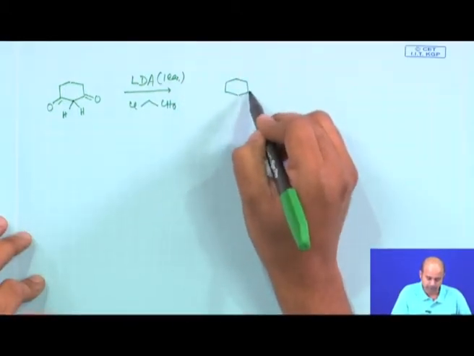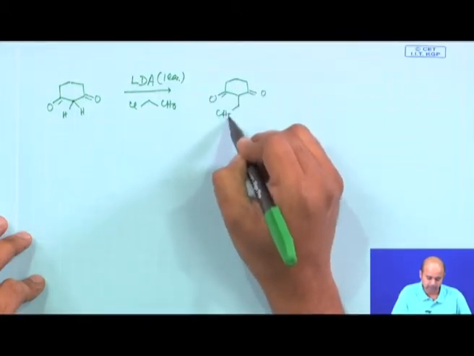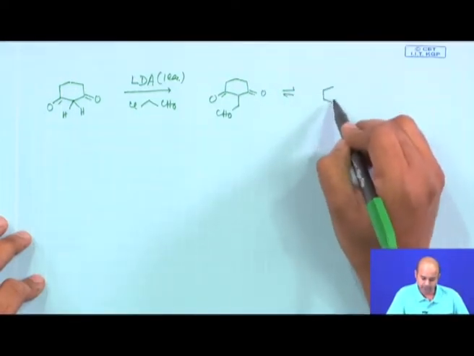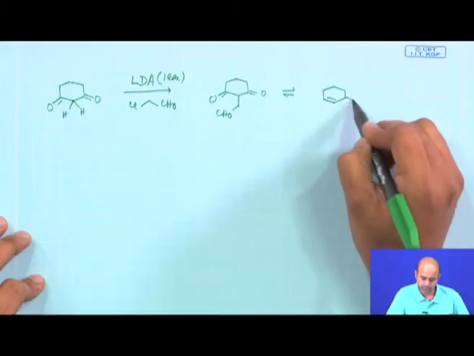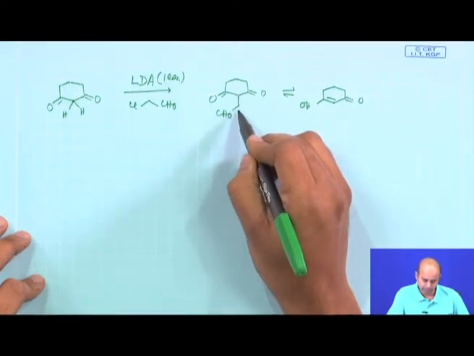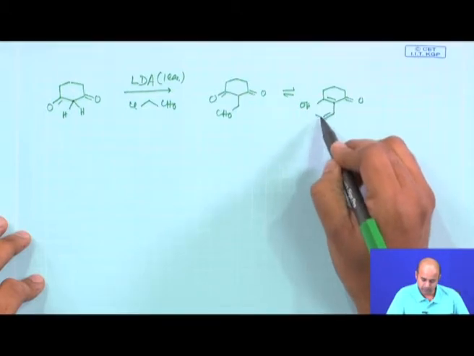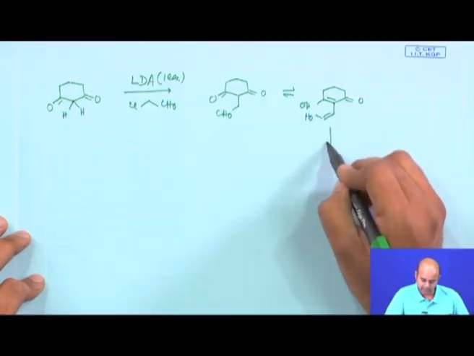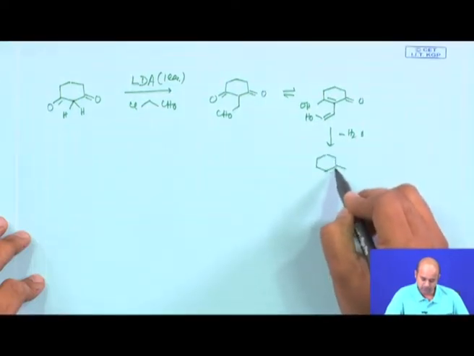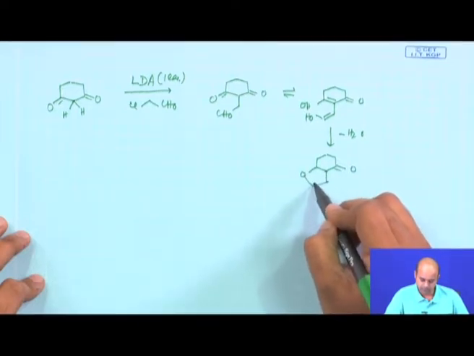So, you will get the corresponding alkylated product, and then you allow this compound to enolize. So, it forms this enol, and this aldehyde also enolizes to give you this, and then a simple dehydration reaction will give you the furan core, this furan part in this molecule.